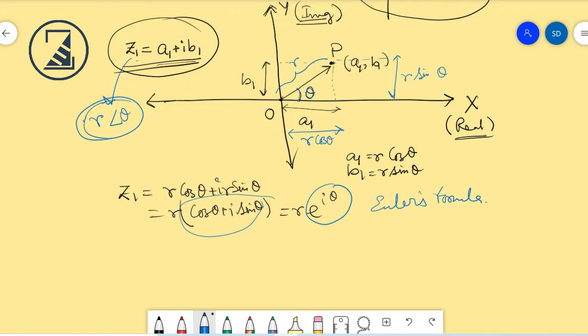You can Google it and you will get a decent amount of information from the Wikipedia page of Euler's formula. And this length r has a formal name. This is called the modulus of the complex number and is written as mod z1, and this theta is also called the argument of z1, and it's represented like this: arg z1.